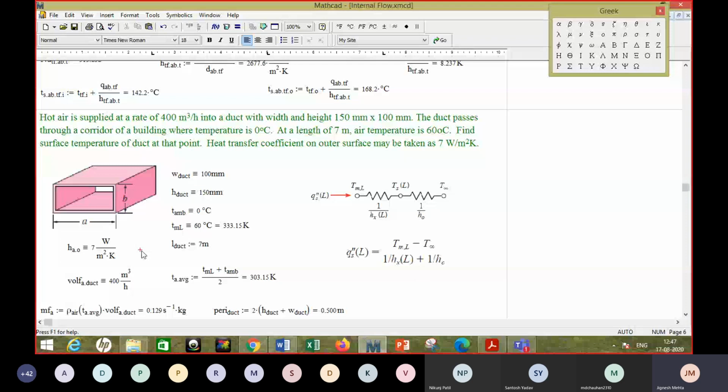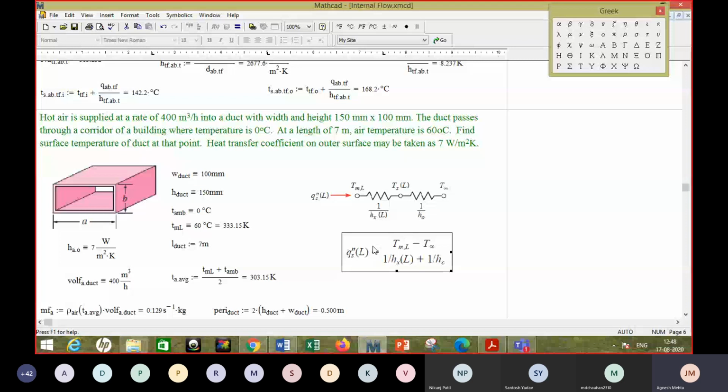And what will be the heat flux? Heat flux is equivalent to current. If you compare it with the electrical circuit, current is equal to potential difference divided by the resistance. So how much is the resistance? It is 1 upon the inner surface heat transfer coefficient. You may put area also here, but if you put area, then this will become not the heat flux but the total heat transfer rate.